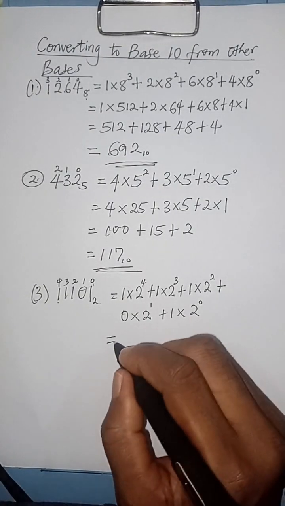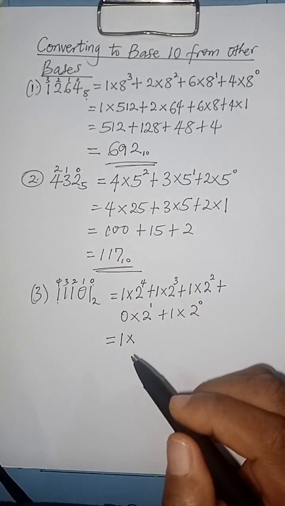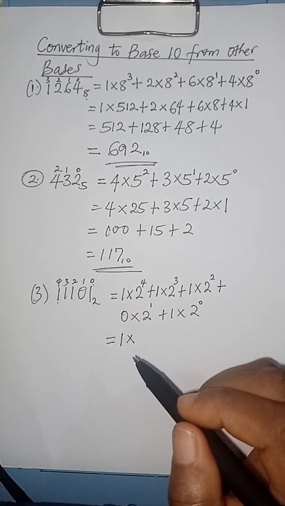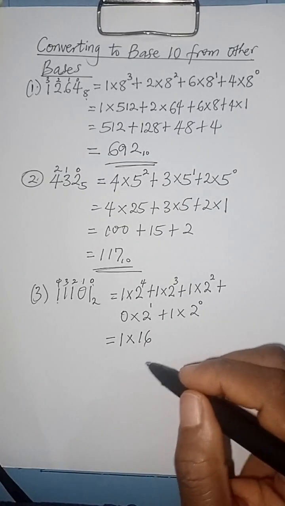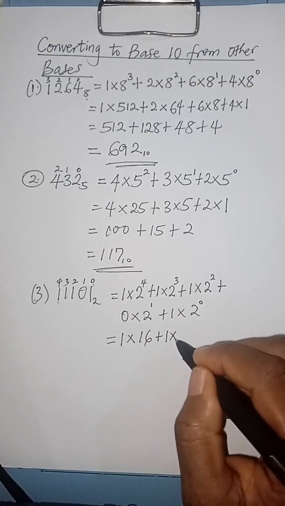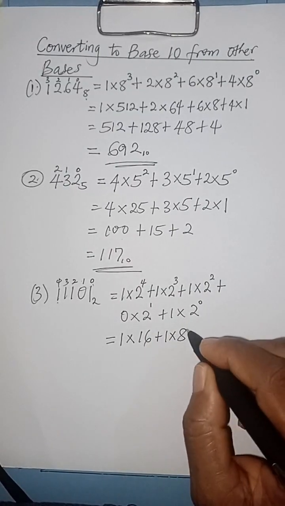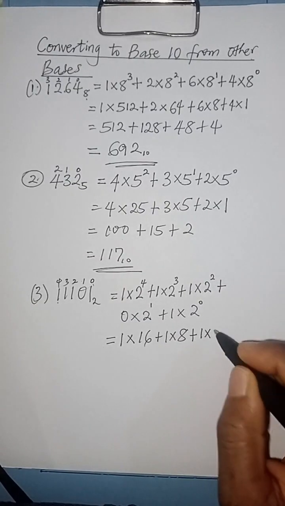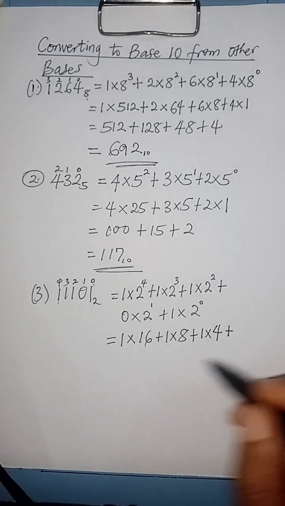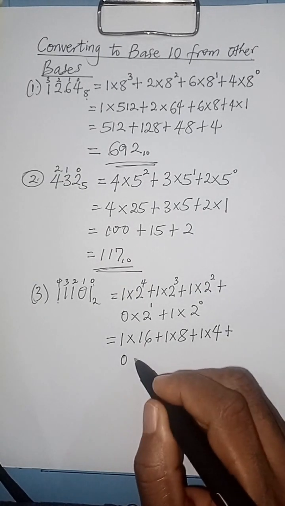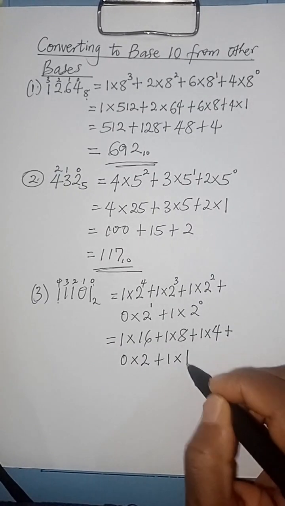So let's multiply them out. 2 raised to power 4, 2 times 2 times 2 times 2, 4 times. That gives you 16. Plus 1 times 2 raised to power 3, 2 times 2 times 2, 3 times. That gives you 8. And 2 raised to power 2, that gives you 4. Your addition sign. 2 raised to power 1 is 2. 2 raised to power 0 is 1.